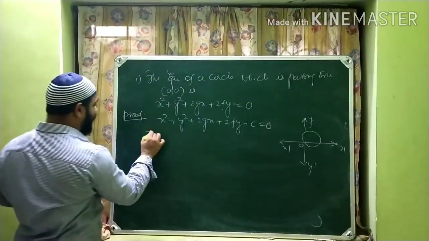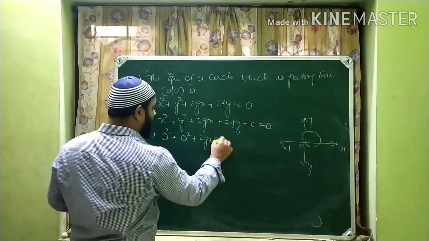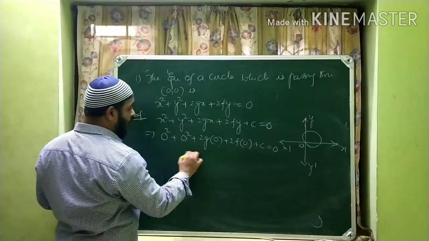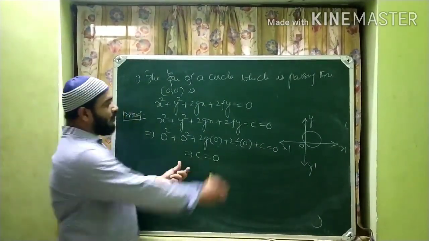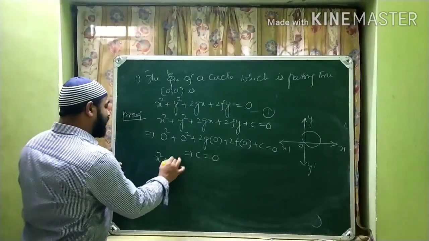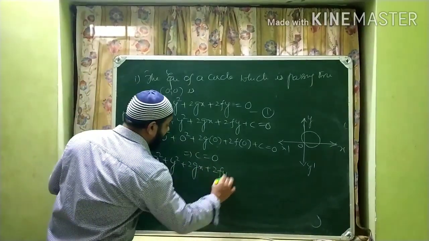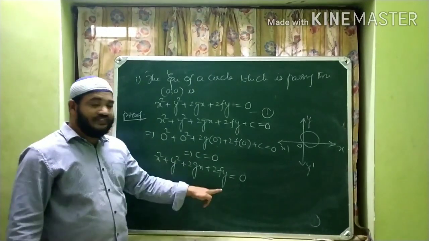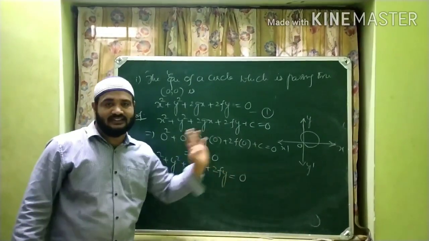So let us substitute that: 0 square plus 2g into 0, plus 2f into 0, plus c equals 0. So what do we get ultimately? c equals 0. Substitute this c equals 0 in the first equation. Then x square plus y square plus 2gx plus 2fy is equal to 0. So this is the equation of the circle when it is passing through the origin.